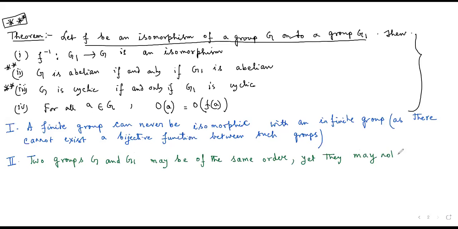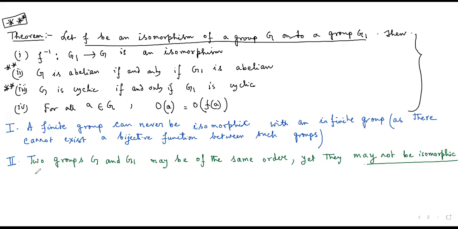Very important property. The first characteristic of isomorphism is that you can match a finite group with a finite group, and an infinite group with an infinite group. Now, suppose you have finite groups, where the order of one group is n and the other group's order is m. That doesn't mean that they will always be isomorphic.